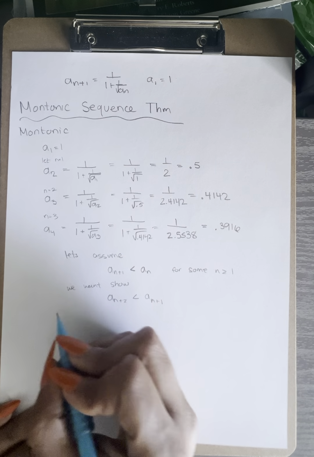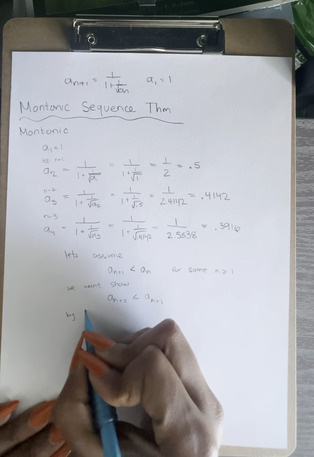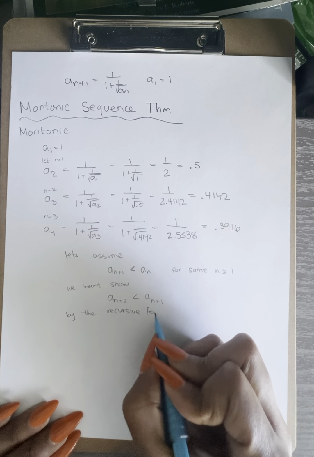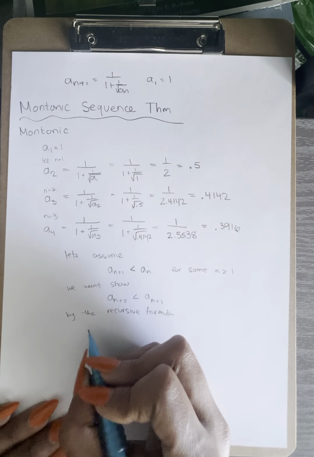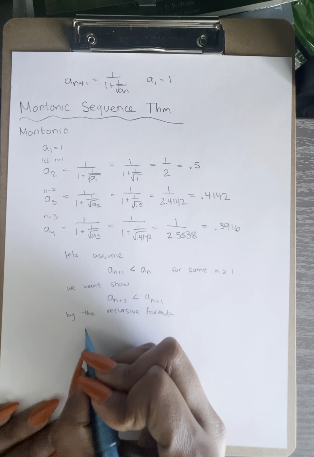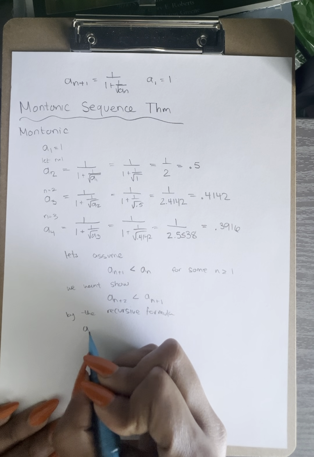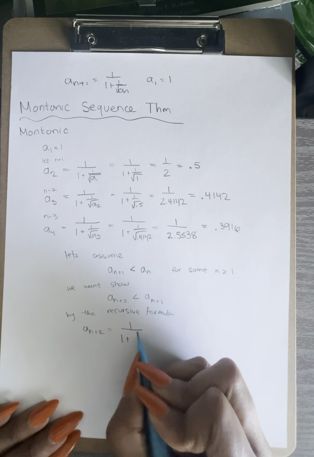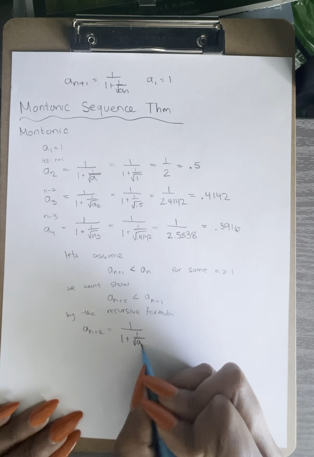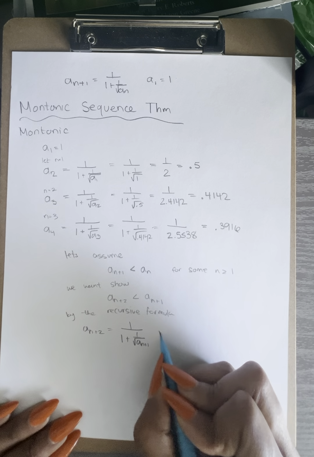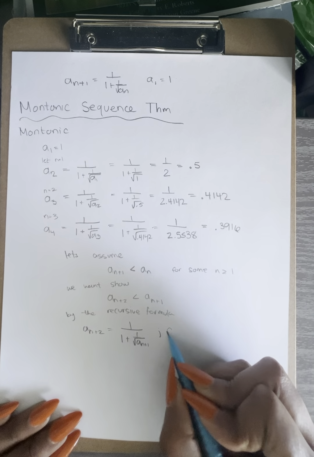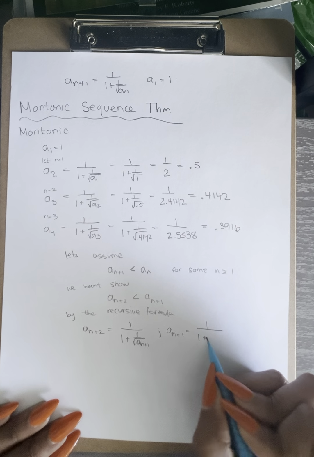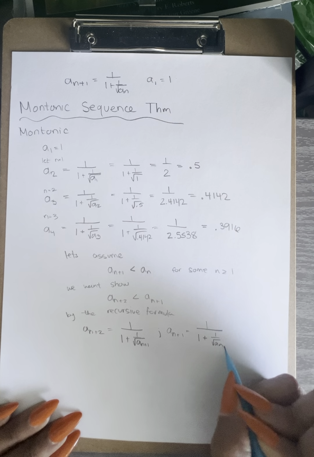Now, by my recursive formula, the sequence will look like a sub n plus 2 equals 1 over 1 plus 1 over the square root of my previous term, a sub n plus 1, where a sub n plus 1 is 1 over 1 plus 1 over the square root of a sub n.